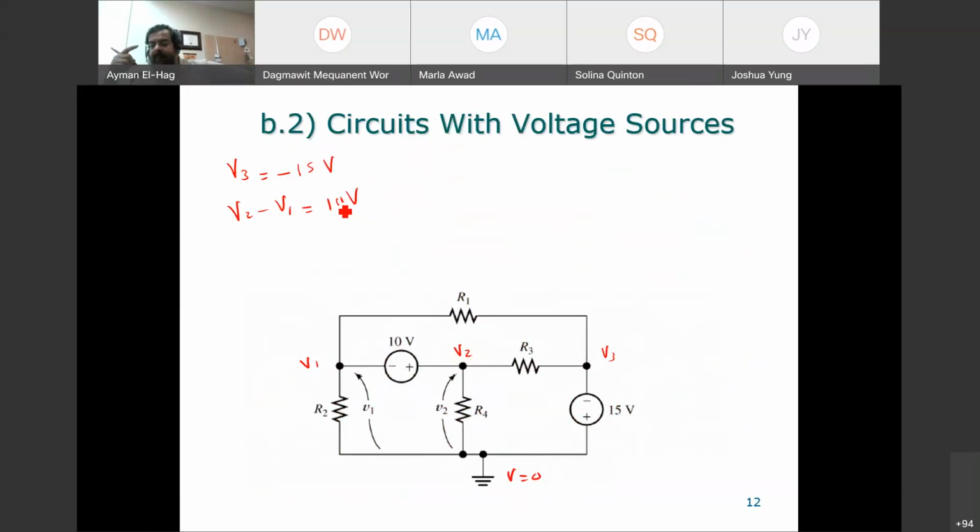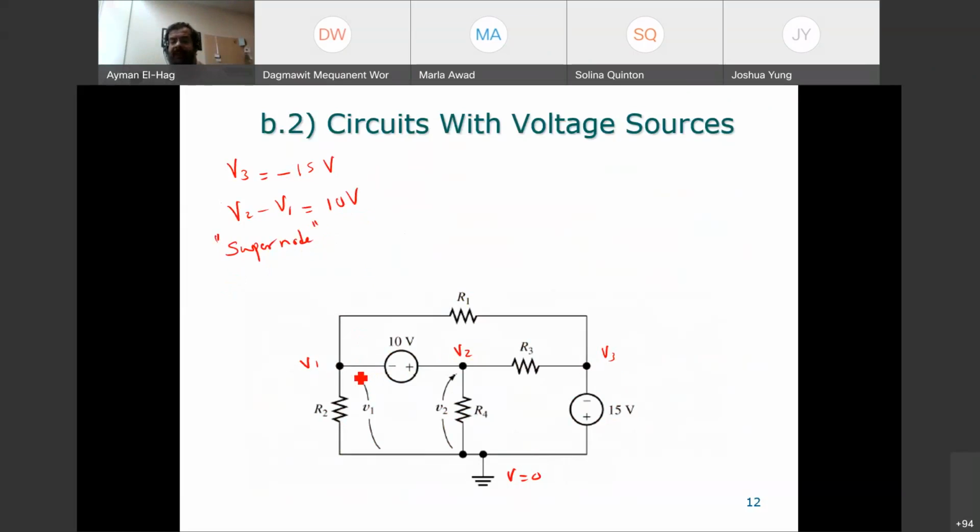So now this comes to the concept of a supernode. What is a supernode? A supernode is a node made from more than one node. So what we will do here, I will come to the nodes V1 and V2.